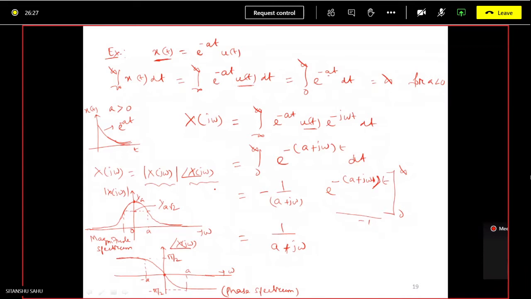When you discretize this continuous time signal, it becomes a discrete time non-periodic signal, and its Fourier representation is the discrete time Fourier transform, that is DTFT, which is continuous and periodic in nature, right? Is it clear? Or any further question on that?